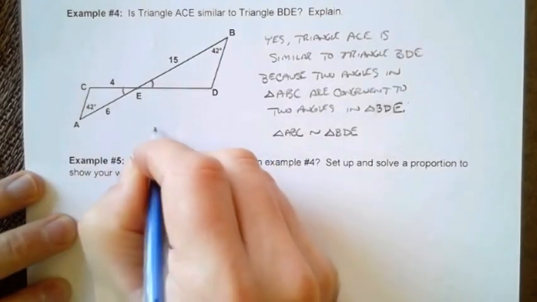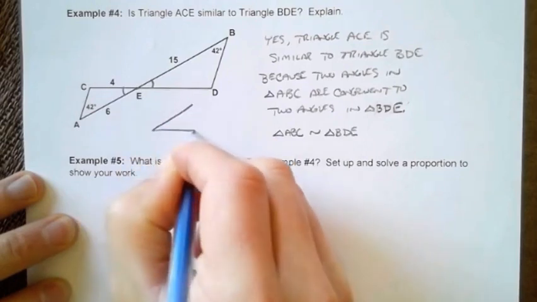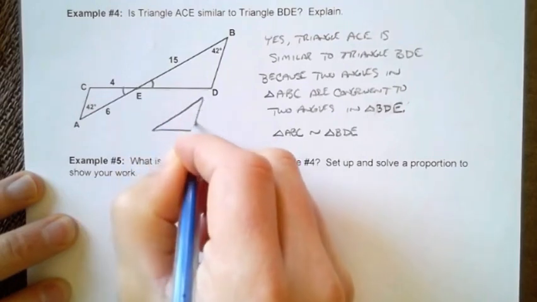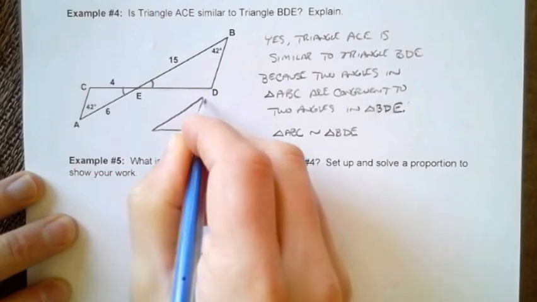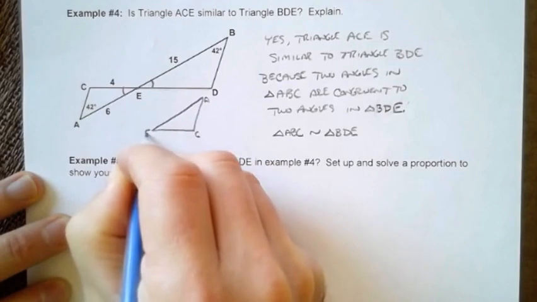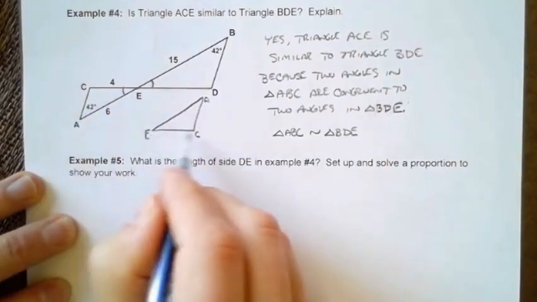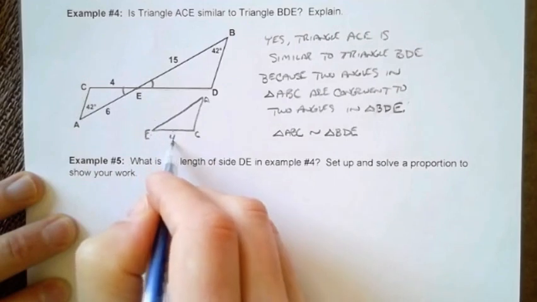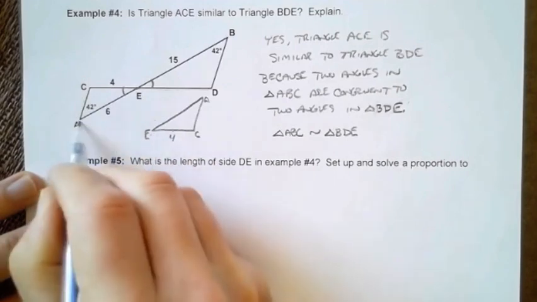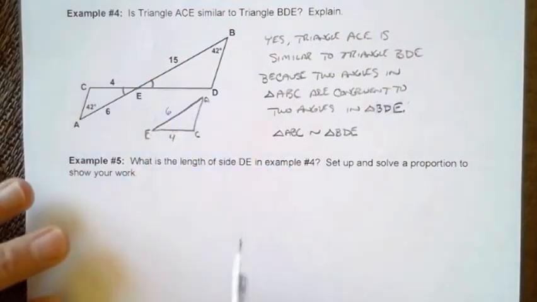So I'm just going to draw so that it looks something like this right here. Okay, so that would be point A, this would be point C, and this would be point E right here. All right, CE right here is 4 units, okay, and AE from here to here, AE is 6 units. All right, compare that to our triangle here, all right.